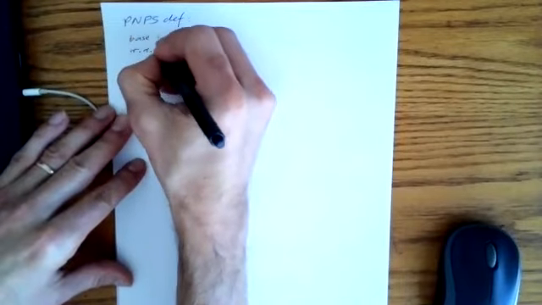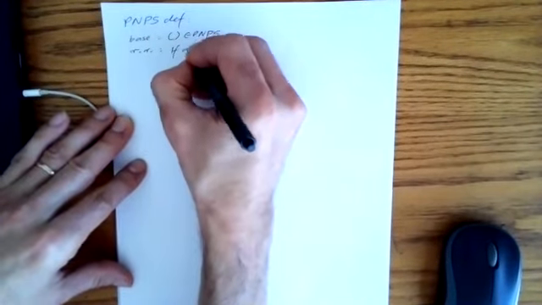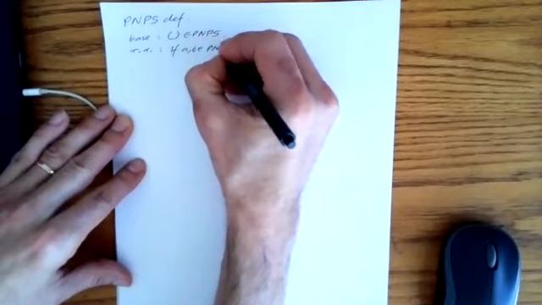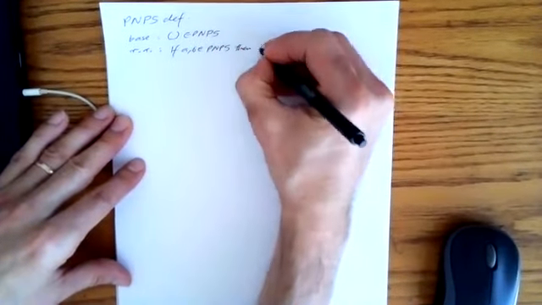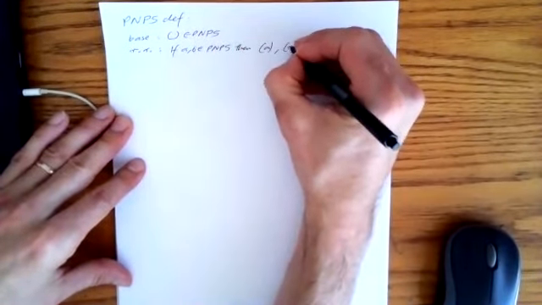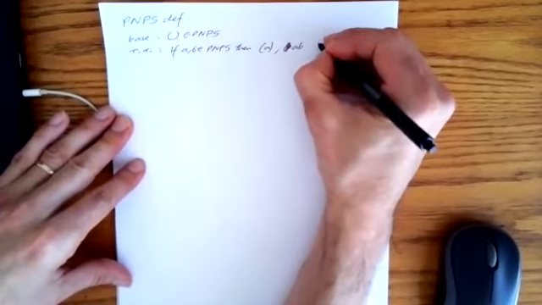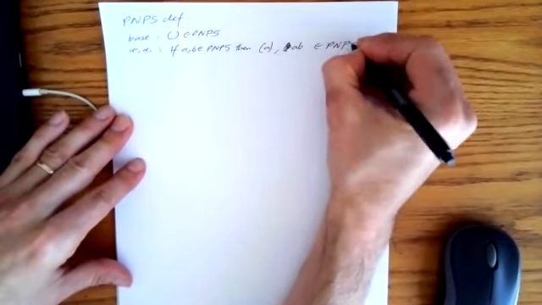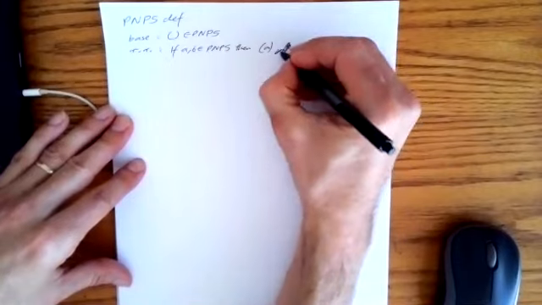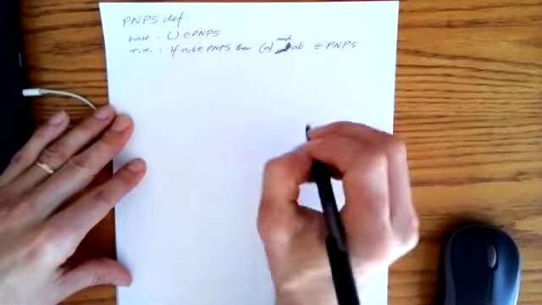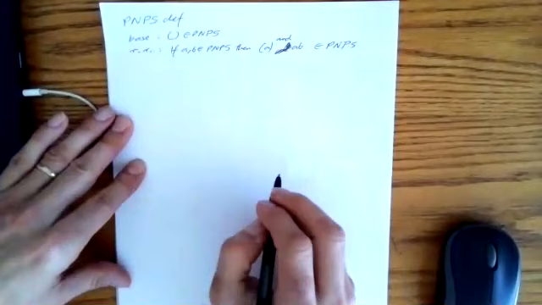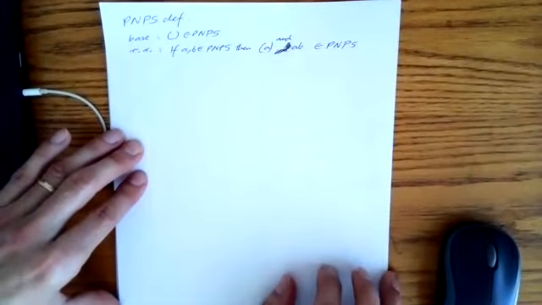The recursive rule is that if A, B are in the set, then so is this, and also this are also in the set, right? So perhaps I should say here "and". So these two strings are in the set. Okay.